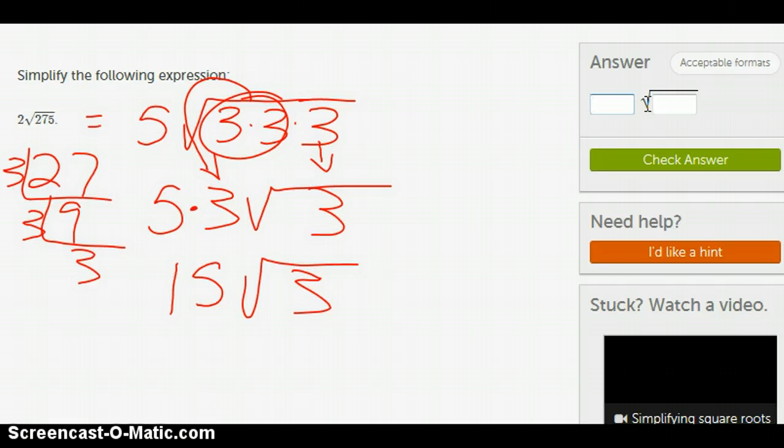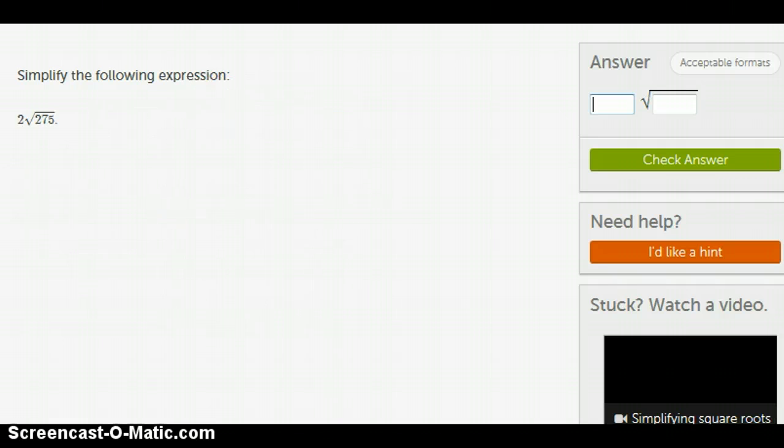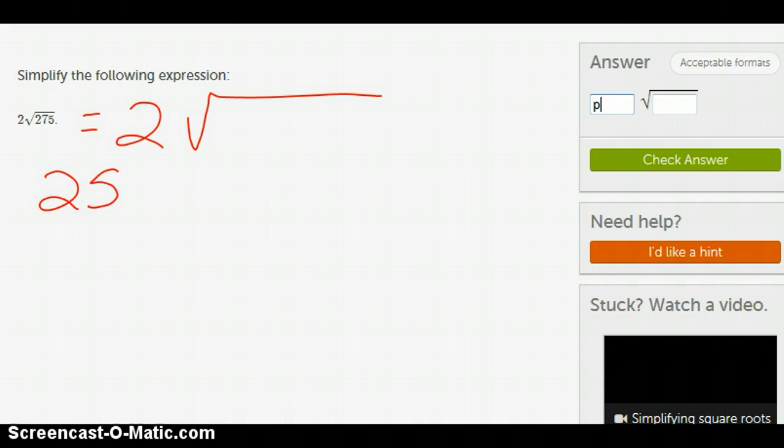Thank you very much. 2 times the square root of 275 is going to equal 2 times the square root, again, the factor tree of 275. So 275, whoops, I wrote 255. We want 275.